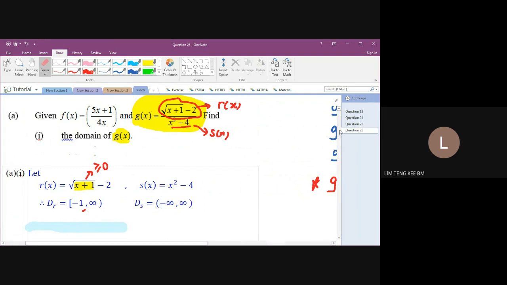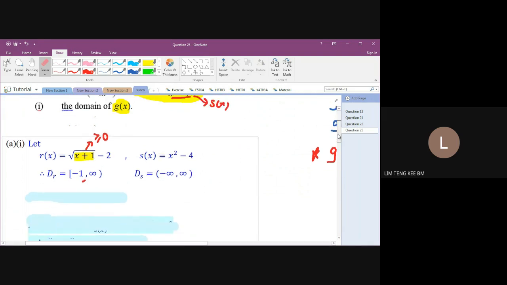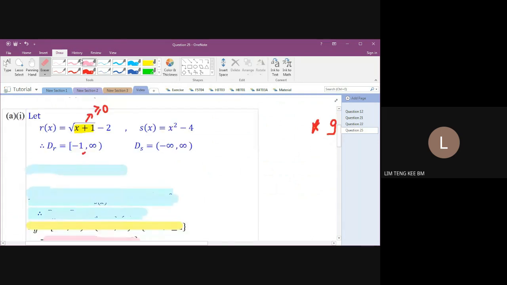So as we said just now, if I have my function g in the form of r(x) over s(x), the information I need for the domain of g is the domain of r intersect with the domain of s, and also intersect with the condition that s(x) is not equal to 0.